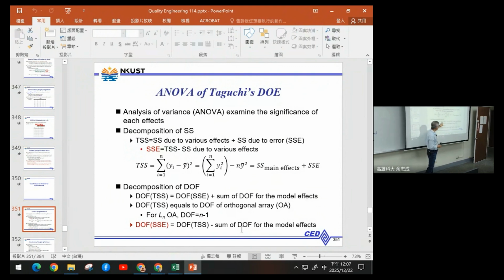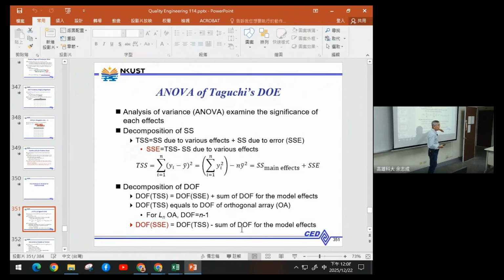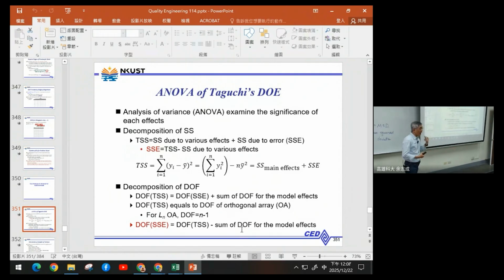So the degree of freedom for the sum of square for the error term will be here. Degree of freedom due to error will be the total degree of freedom, which is n minus 1. In L8 it will be 8 minus 1, which is 7. Minus how many degrees of freedom you used to estimate the main effects. In our case, 5, right?